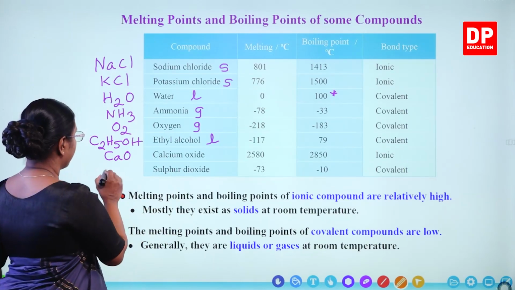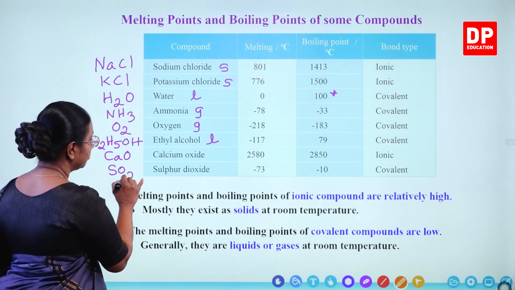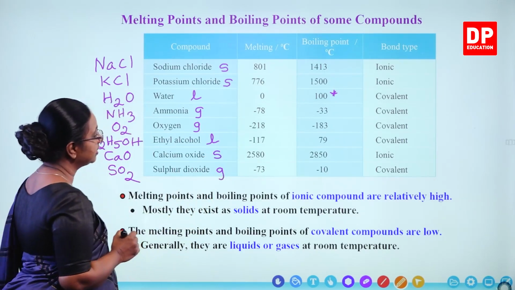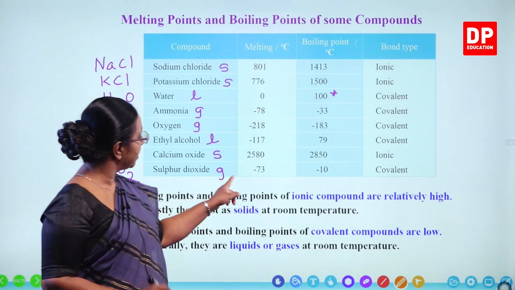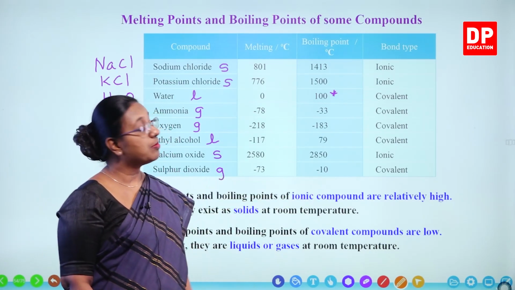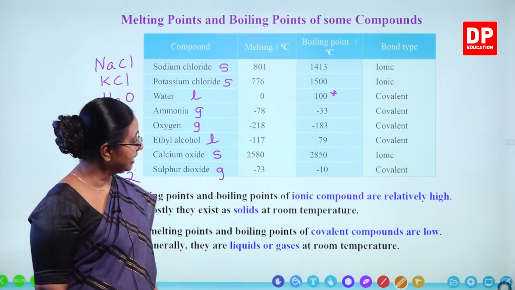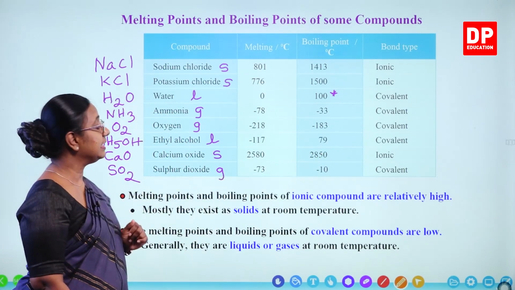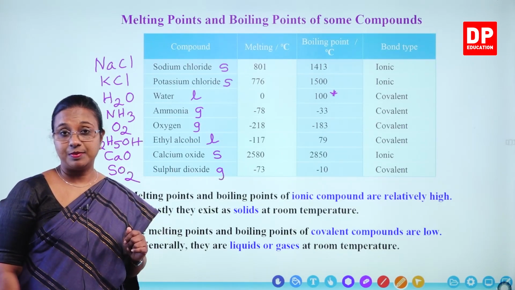Then sulfur dioxide, that is SO2, that again is a gas. Calcium oxide is a solid. So sulfur dioxide again has minus 73 melting point and boiling point is minus 10 degrees Celsius. It's a covalent compound and it is a gas at room temperature.